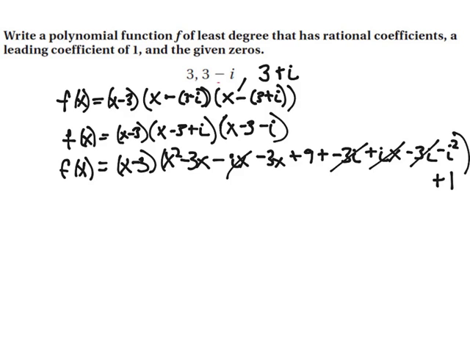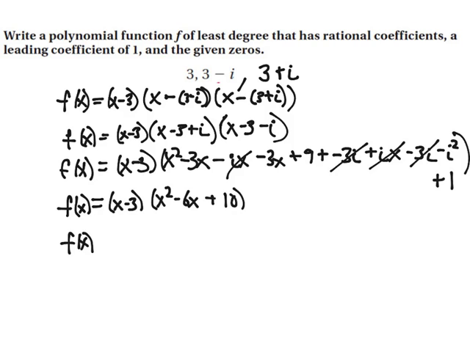And now we need to add up all our like terms, so f of x equals x minus 3, x squared minus 6x plus 10. Distribute again, so f of x equals x cubed minus 6x squared plus 10x minus 3x squared plus 18x minus 30.